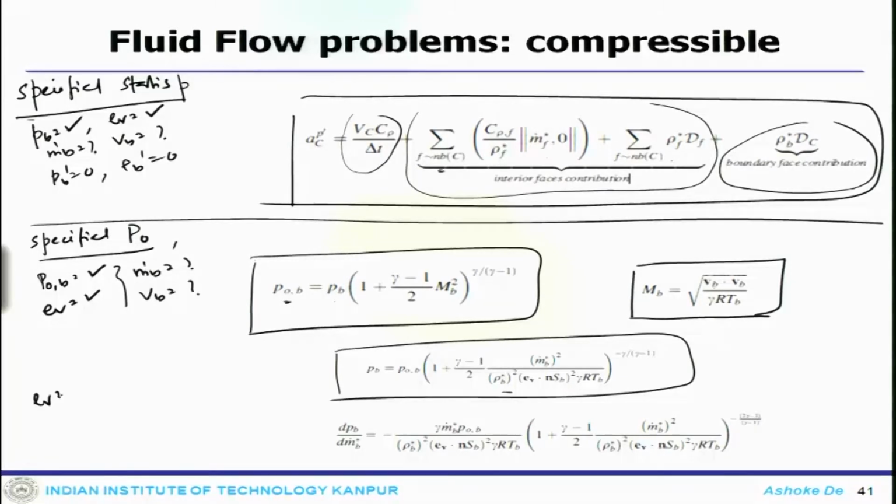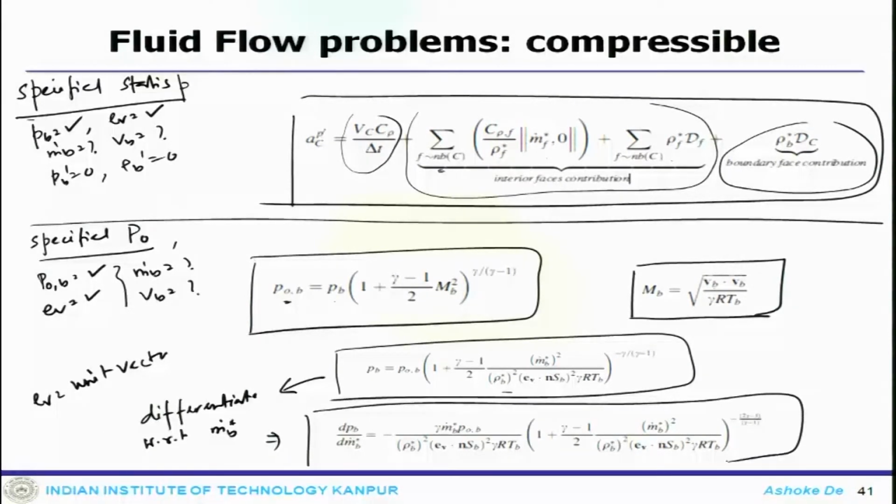Since EV is a unit vector in the direction of the velocity, once you differentiate this equation with respect to m dot star B, you will get dPb by this.